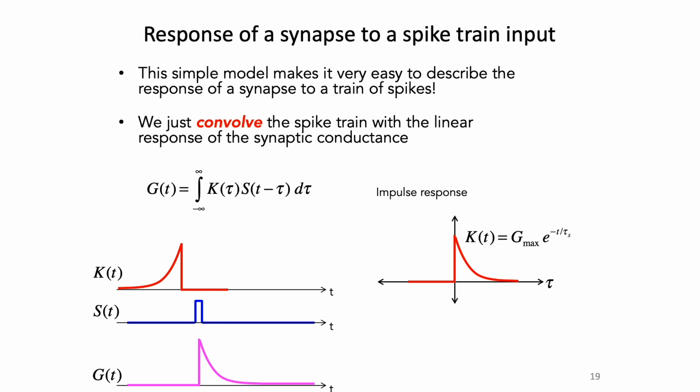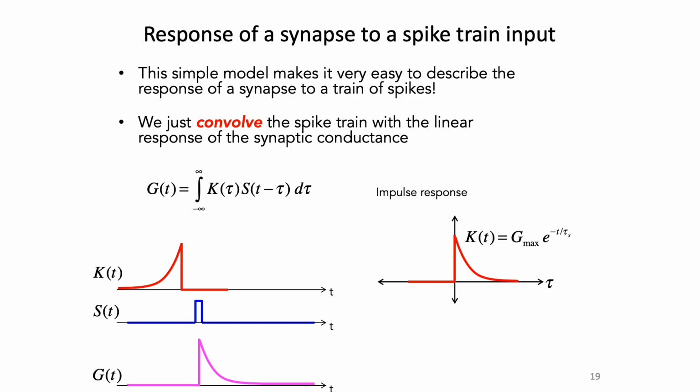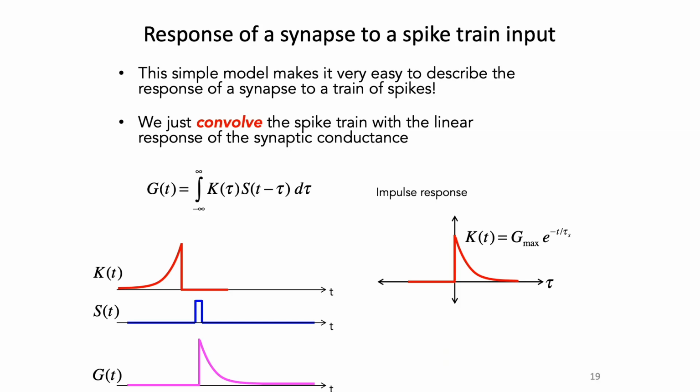I'm integrating over tau, but this has tau and that has a minus tau, and notice that it's shifted by a time t. So I'm going to put the kernel at time t and integrate the product of the kernel and the stimulus. So what do I get if I multiply this times this? 0. And so at that time, I write down a 0.